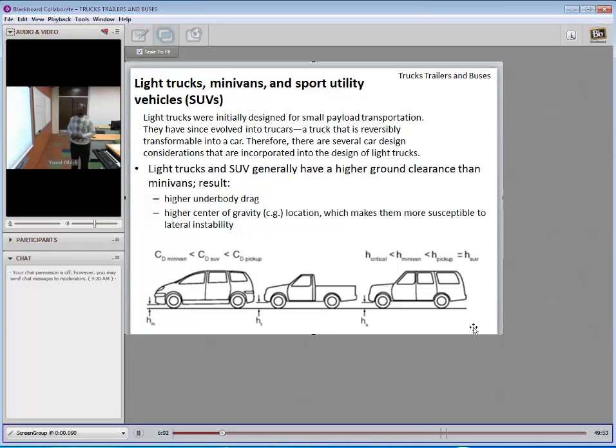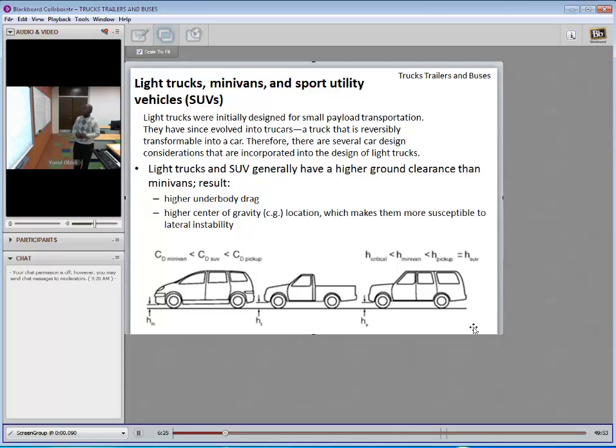Light trucks and SUVs have a higher ground clearance than cars, of course, but in the comparison between light trucks, SUVs, and minivans, minivans are still closer to cars in their design than are trucks and SUVs. Light trucks and SUVs are generally higher from the ground.